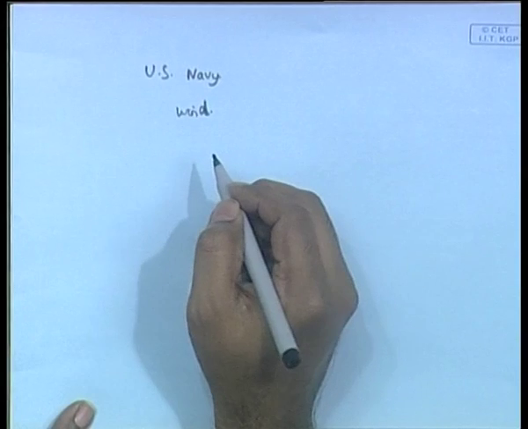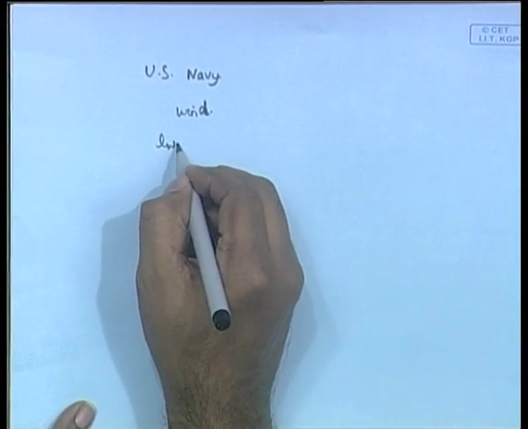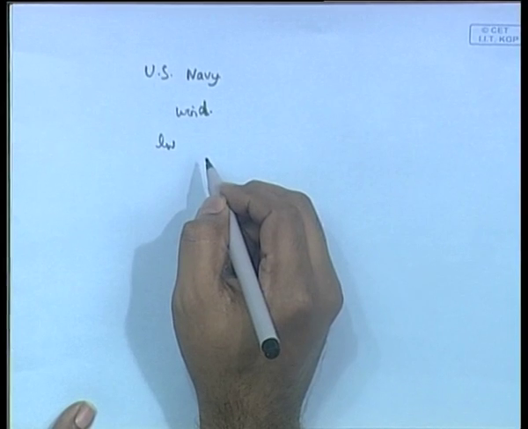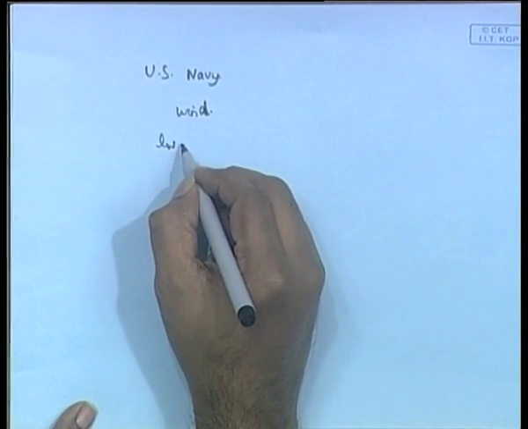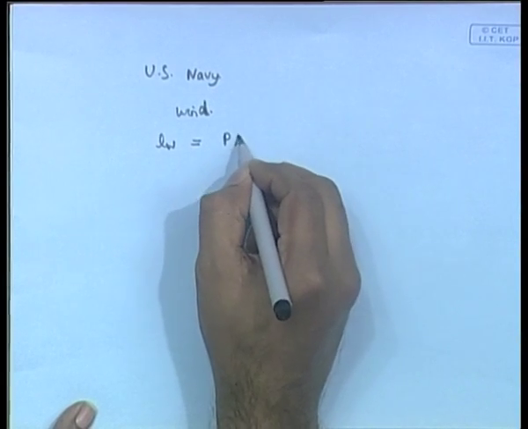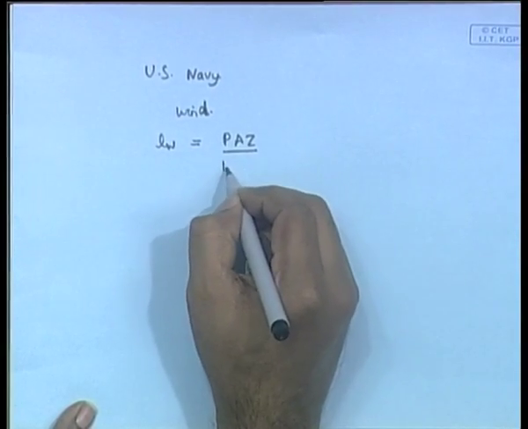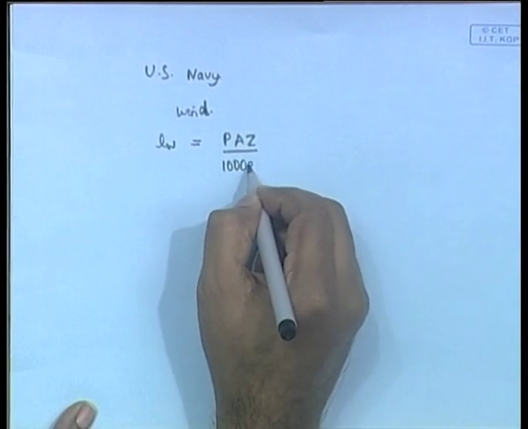The US Navy specifies that the wind lever, which we call the heeling lever, is usually given as PAZ by 1000 G delta.